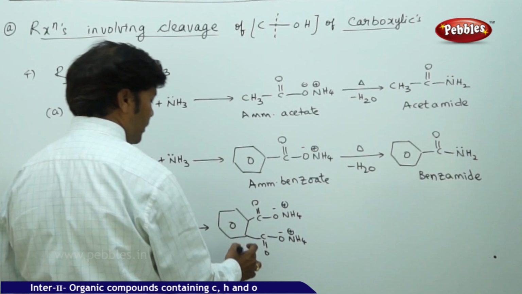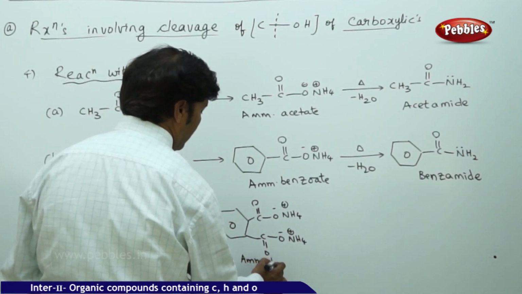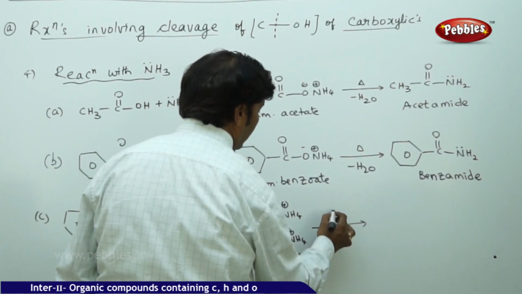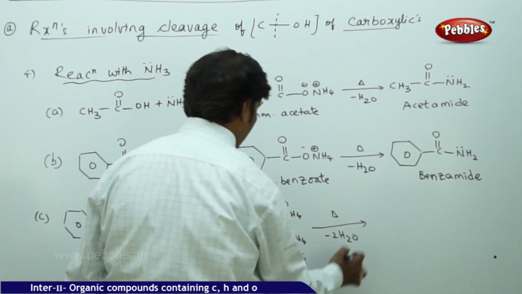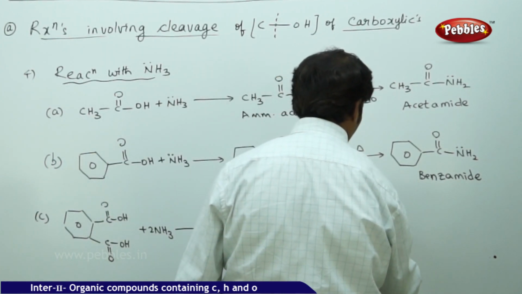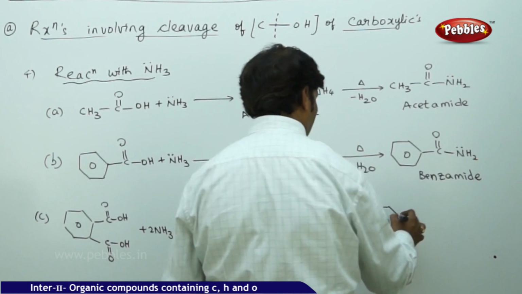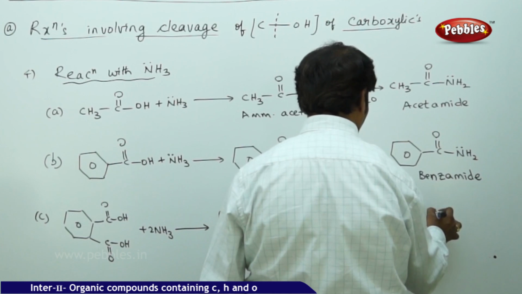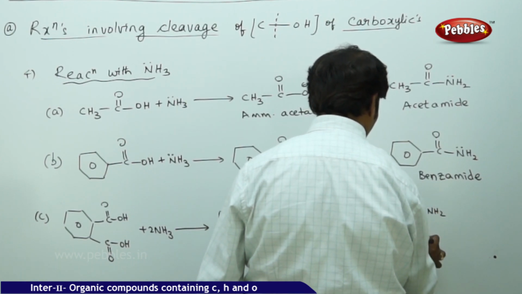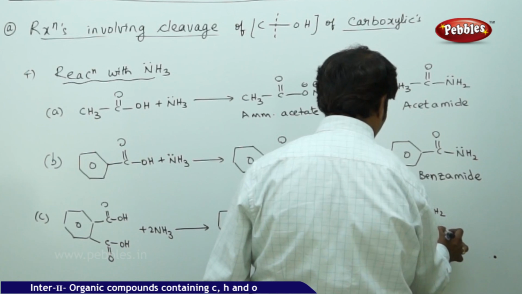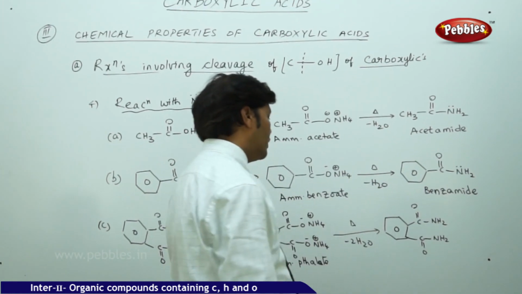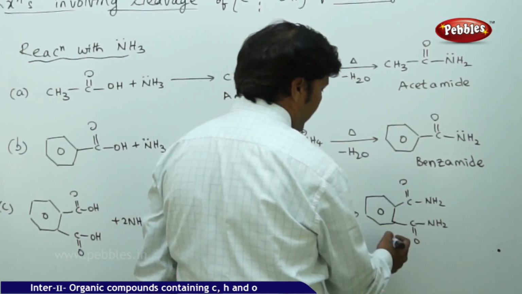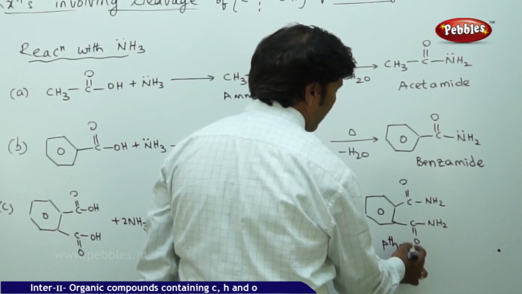This is ammonium phthalate. Upon heating, minus 2 molecules of water, you are going to get CONH2 here, and CONH2 here also. So this is phthalamide, mind you, phthalamide.